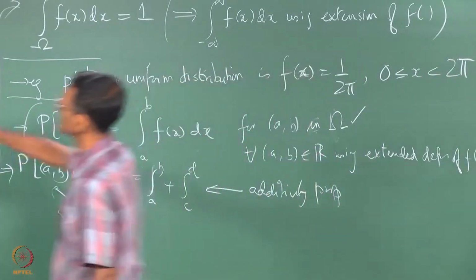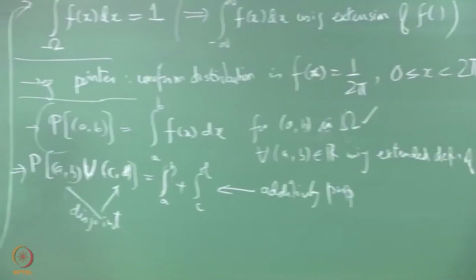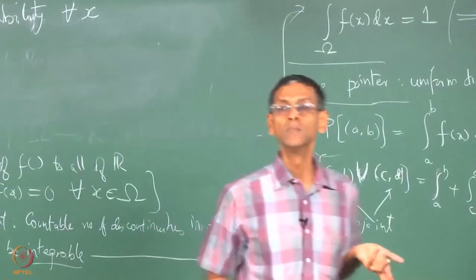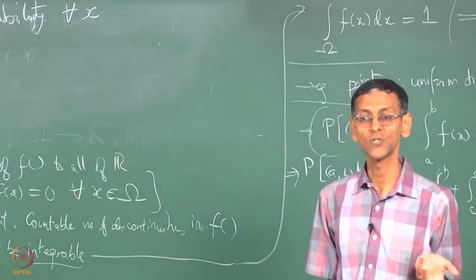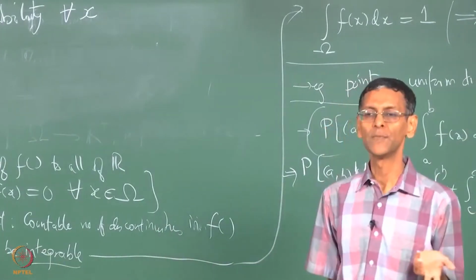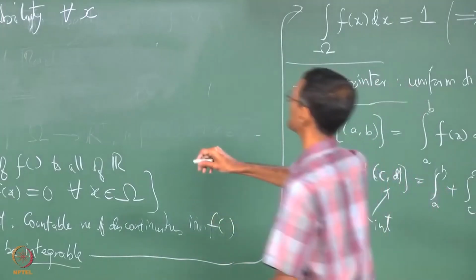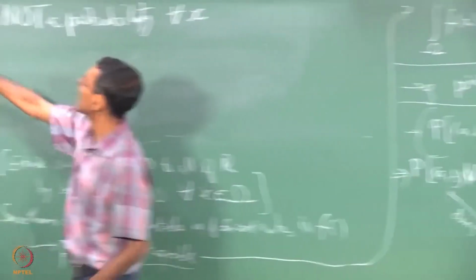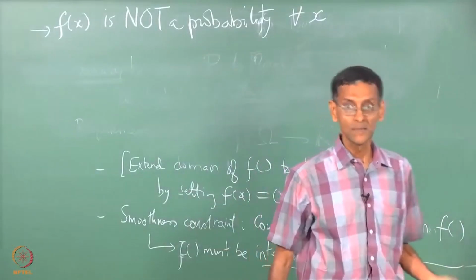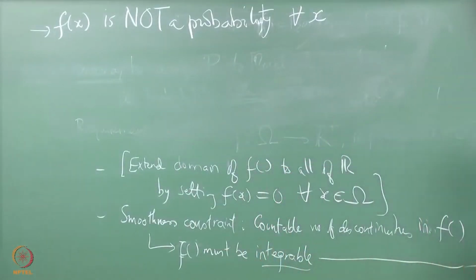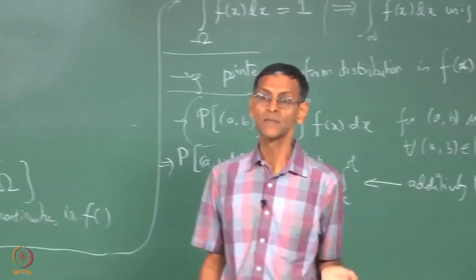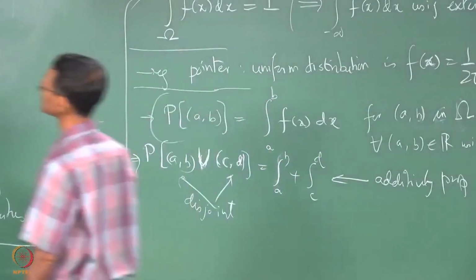The only thing you know is that f of x is non-negative, but it can be infinitely large also in some cases, as we will see. There is no upper limit on the value of any f of x. When I say f of x, I am talking of the particular value of f at some point x. Please distinguish between a function f and the values f of x. So f of x is not a probability.